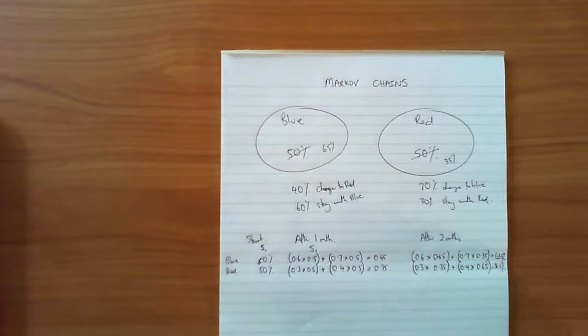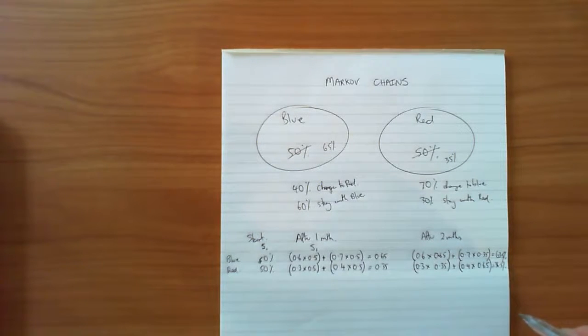Now, before we go too much further, this is obviously going to get very complicated. So one of the ways we can simplify this is to use matrices. Now remember, matrices are just a structured way of containing information.